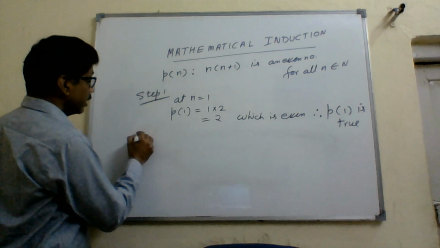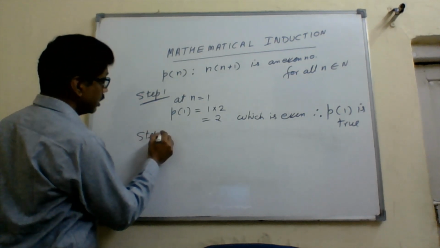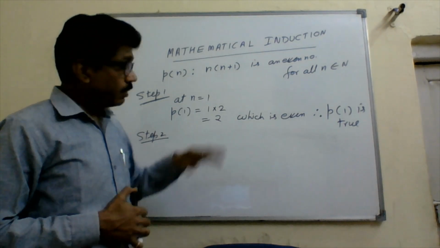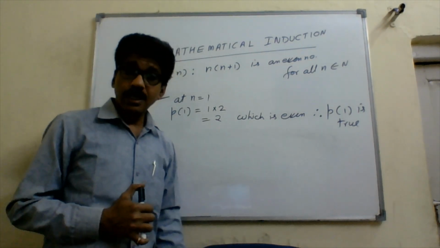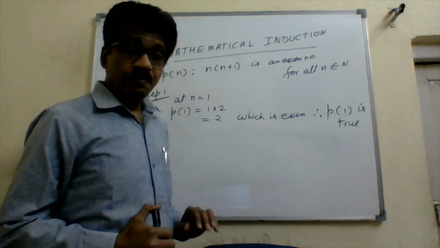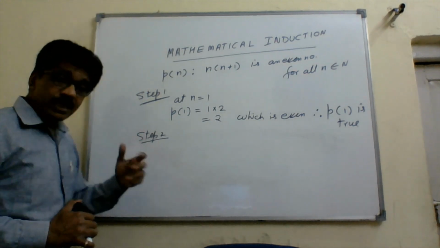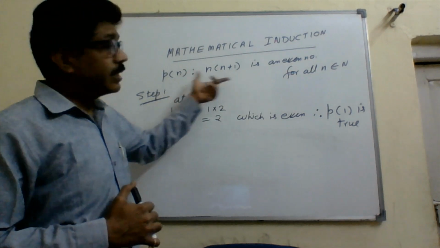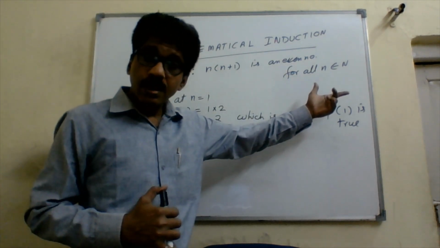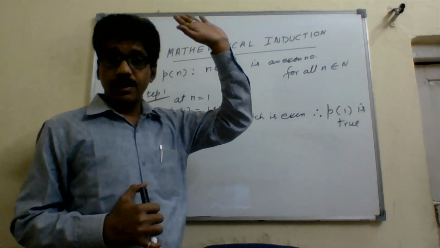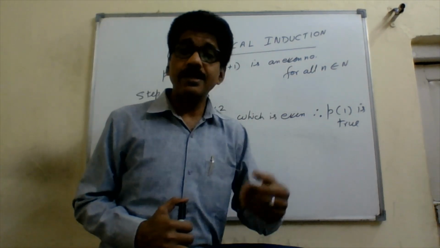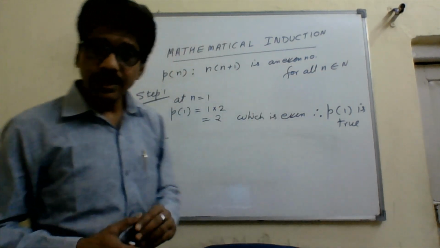After that, at step 2, as we cannot keep putting the values 1, 2, 3, 4, 5 up to infinity, this step is one of presumption. We just presume that this statement is true for some value of n, and let us say that value of n is m, where m is any natural number.